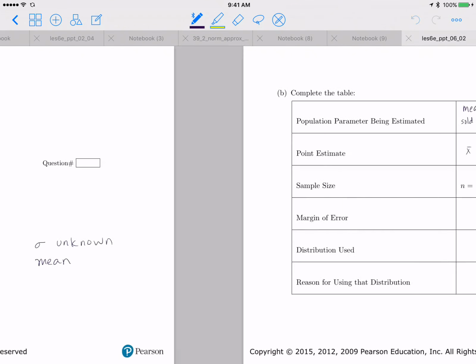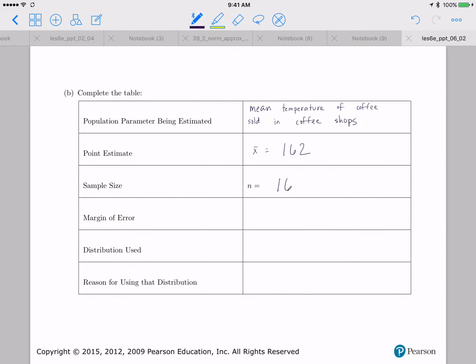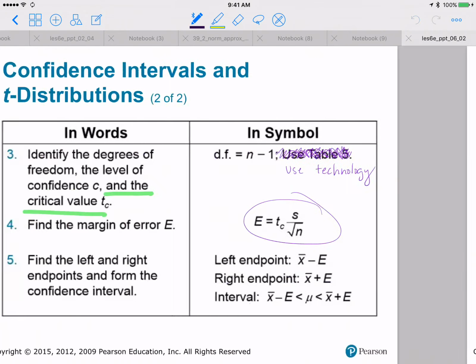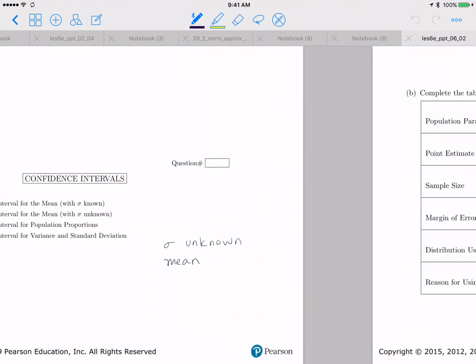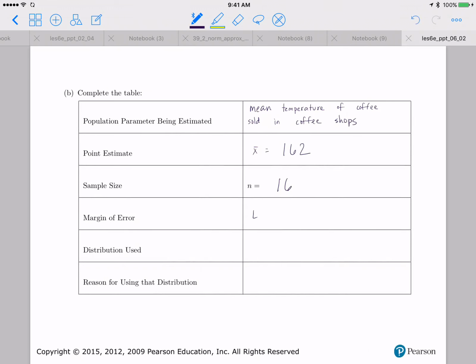So n equals 16. Margin of error. Ooh, what's our formula for margin of error? Well, the formula for margin of error is E equals TC times S over square root of n.